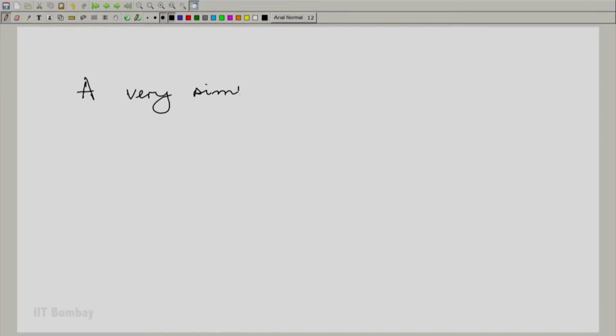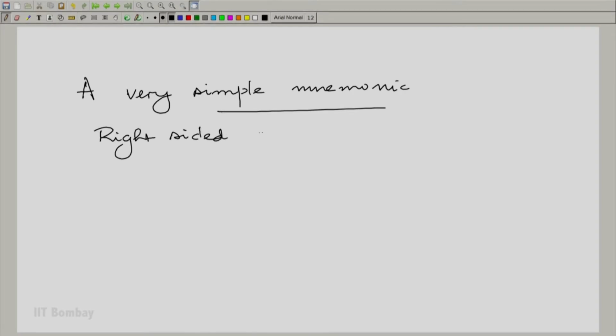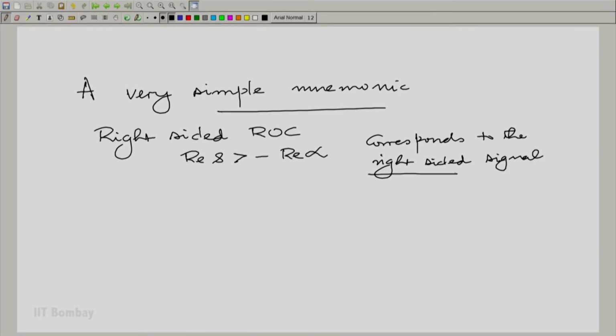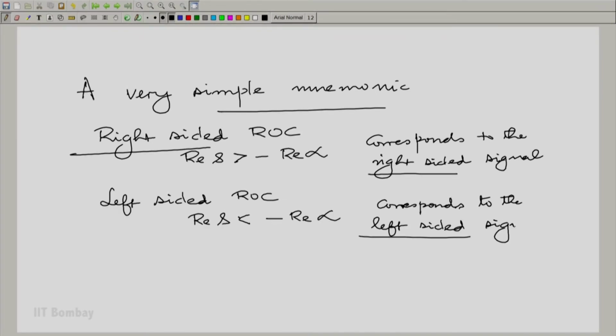It is so simple. Let us write that down. A very simple mnemonic. Right sided to right sided and left sided to left sided, very simple.